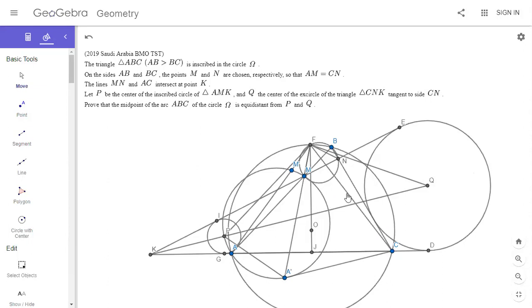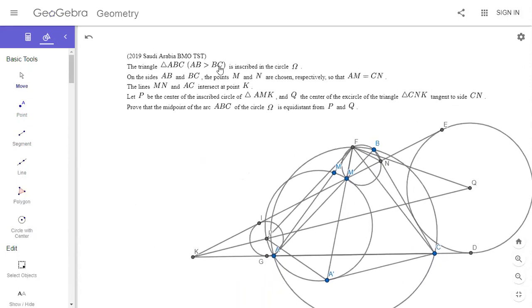Let's see, what points did I add and what was already there? I'm just going to start out the proof like this.